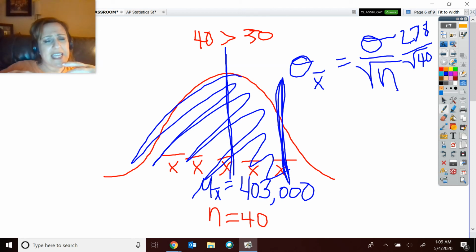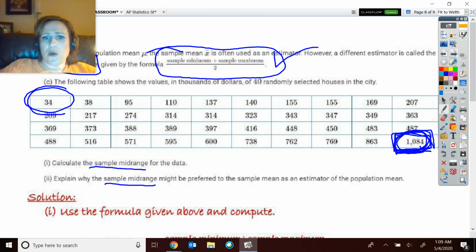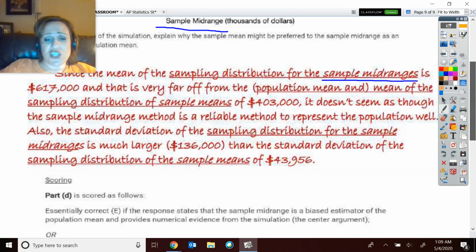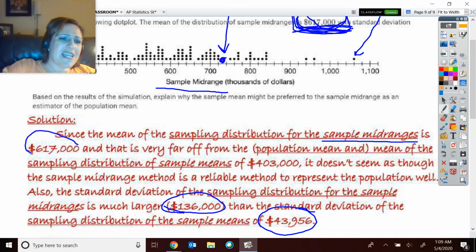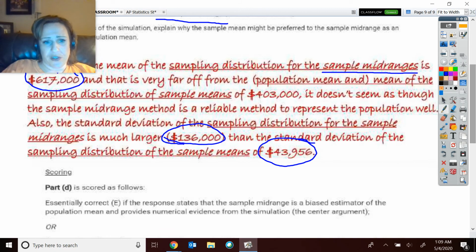Okay, do you see how getting an average of the min and the max could really throw things off? So that is shown in our numbers here. It had much larger variability as compared to that 43,956, much greater variability, and the mean was not even centered in the right place. So just overall, not good.